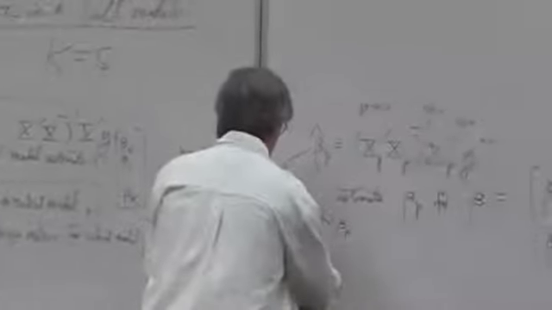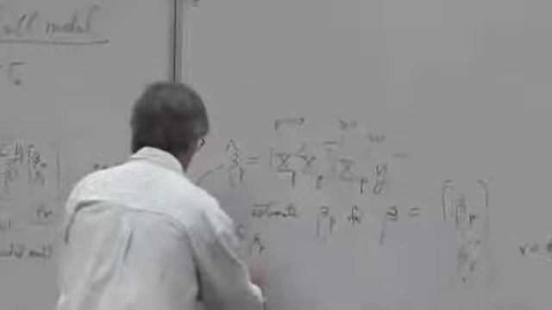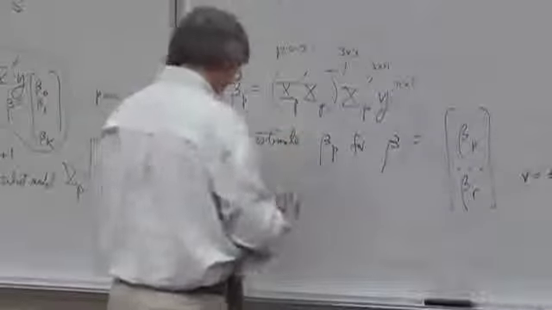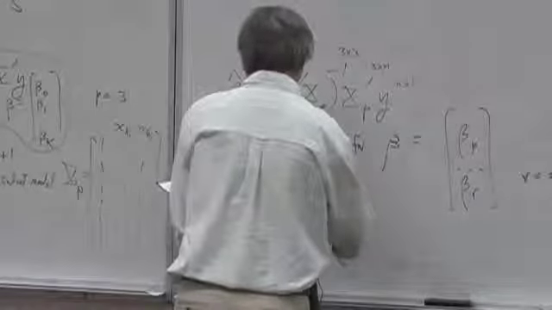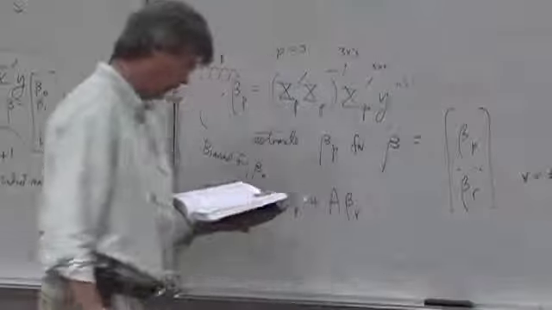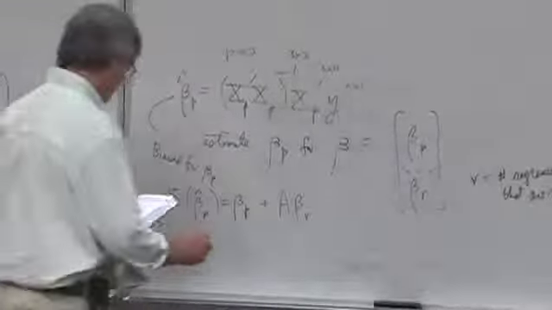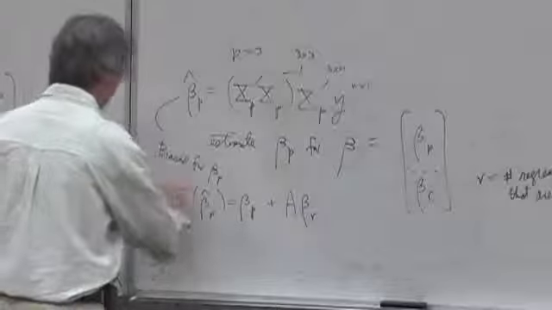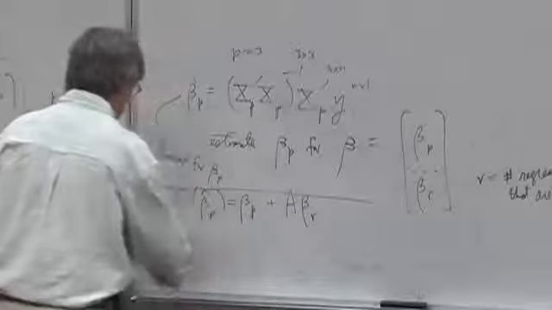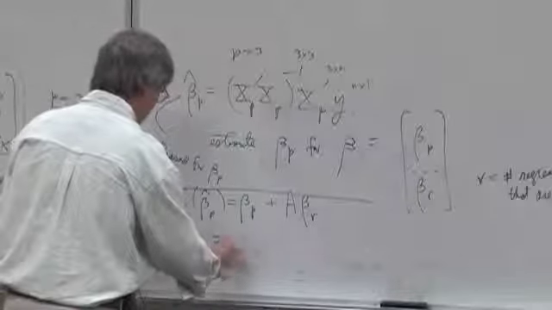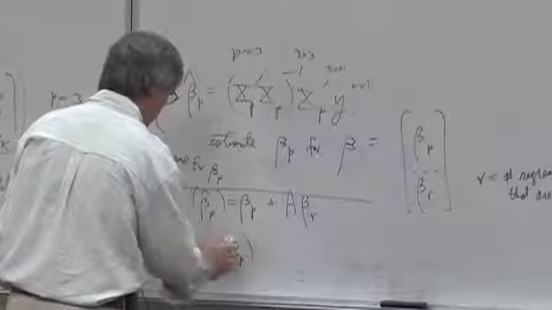E of beta sub P hat is equal to beta sub P, the subvector, plus A beta sub R. They call it B sub R, but it's a beta sub R. That was a typo. We're at page 293, where A is a so-called alias matrix, X_P prime X_P inverse.